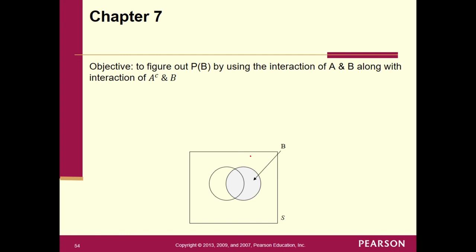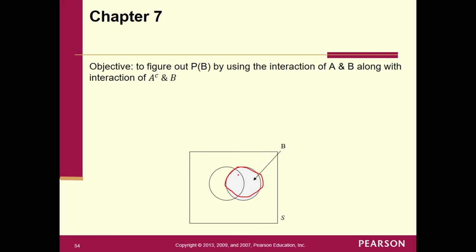So we're trying to figure out this circle right here. But we can't necessarily calculate B directly. But what we're going to find out is that we can use A and its intersection with B, along with the complement of A and its intersection with B. I'll show you. So again, we're trying to figure out this circle here.